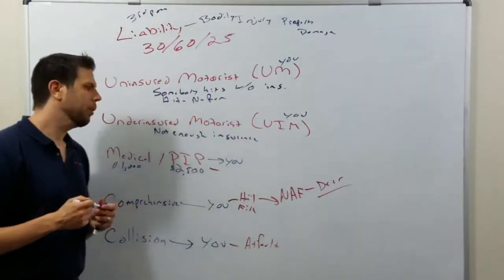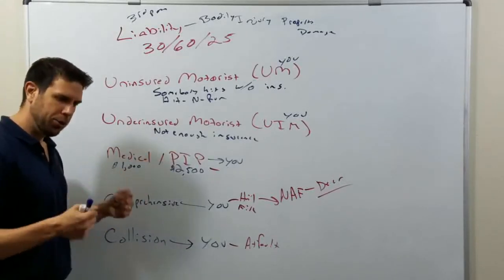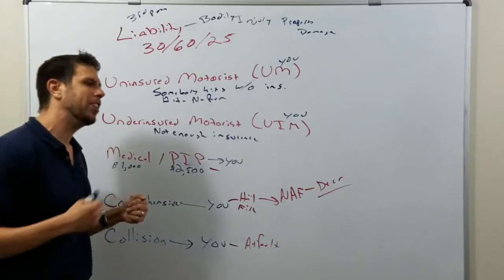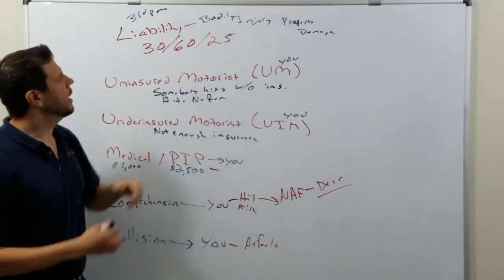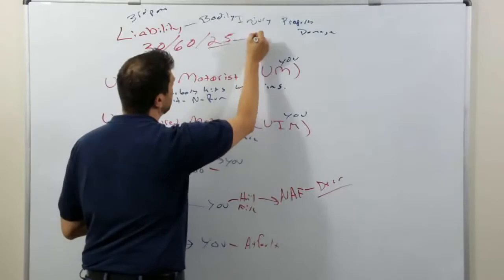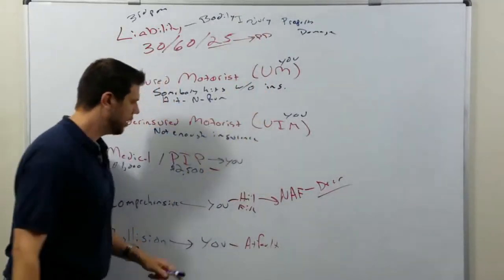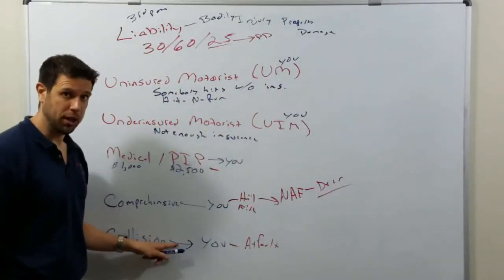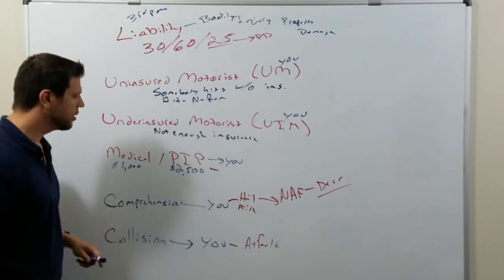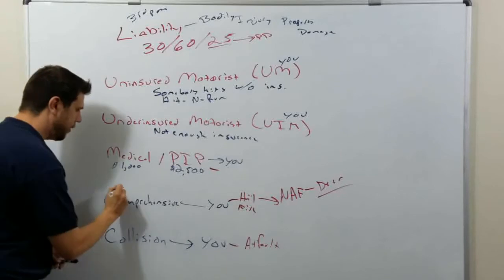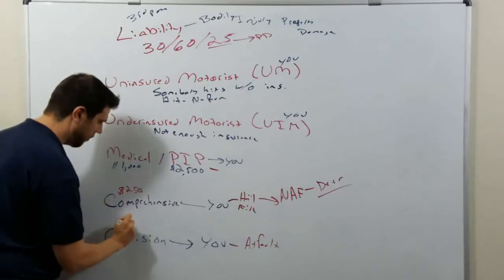So for example, if you're driving your car and you rear-end somebody, you hit the guy in front of you, property damage fixes the other guy's car. Collision fixes your car because you were at fault. These two are the ones with the deductibles. Let's just say it's $250 because that'll be a test answer in a minute.